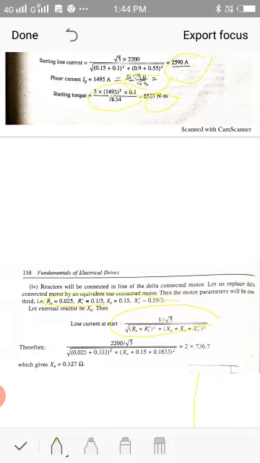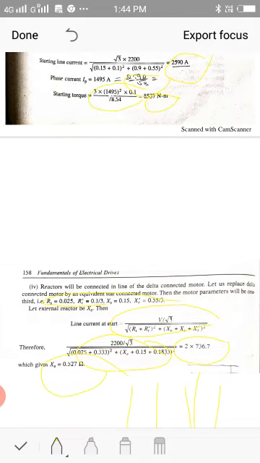Okay, so that XC value I need to calculate now, and they are mentioning that the starting line current should be equal to 2 times the full load current. Okay, so if I substitute these things, I am going to get the XC value as 0.527 ohms. Okay, so this is the value. You can tabulate these things.